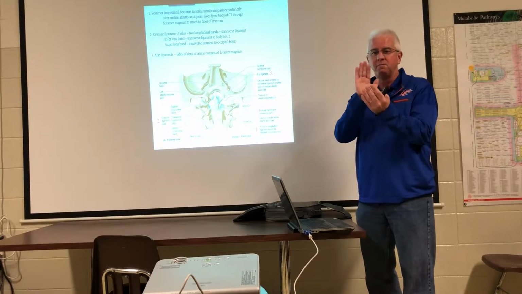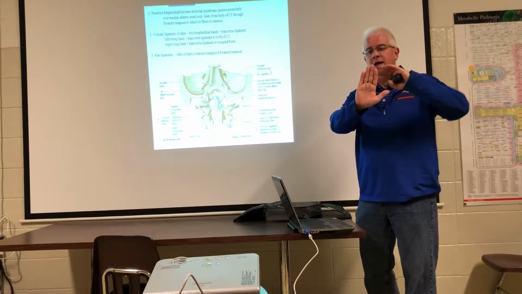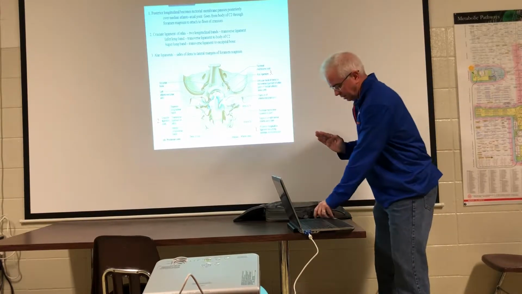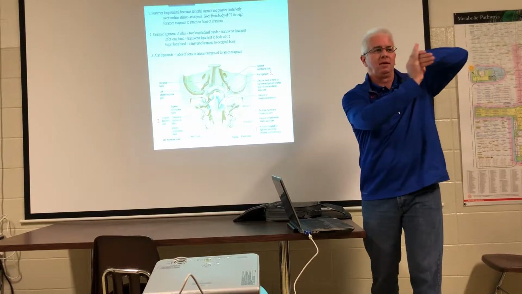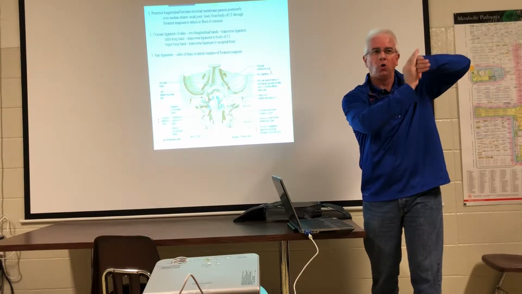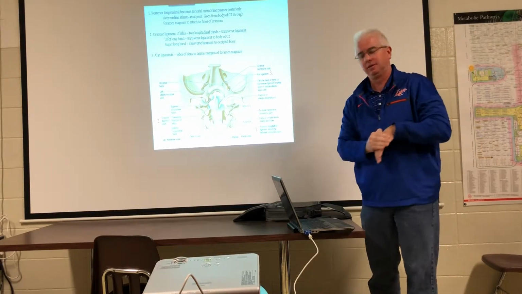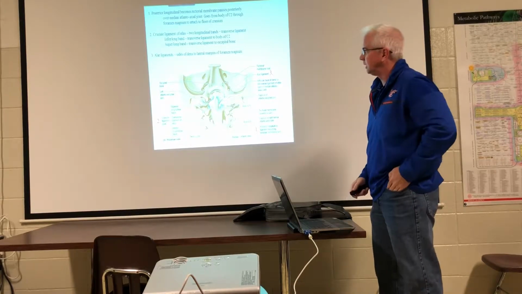There's a thick band that covers the dens like that, holding it in the fovea dentis. It's called a cruciate ligament.